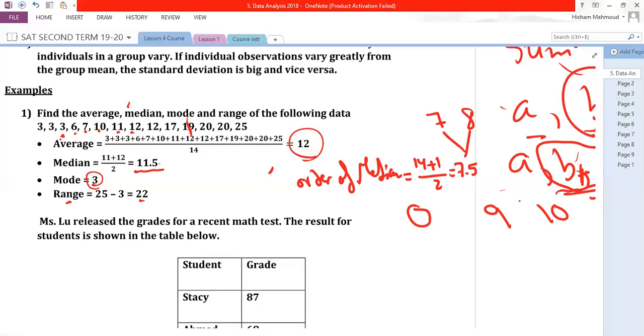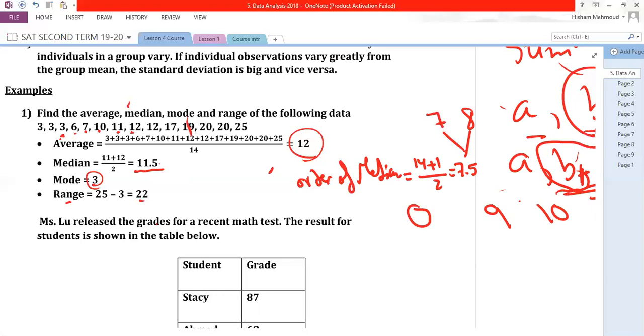But if I am in your position and I want to find the best average for these, what is it going to be? The median, the mean, the mode, or the range? For example, I'm not going to take the mode. Why? Because 3 is far from 25. How are 3 and 25 connected together?